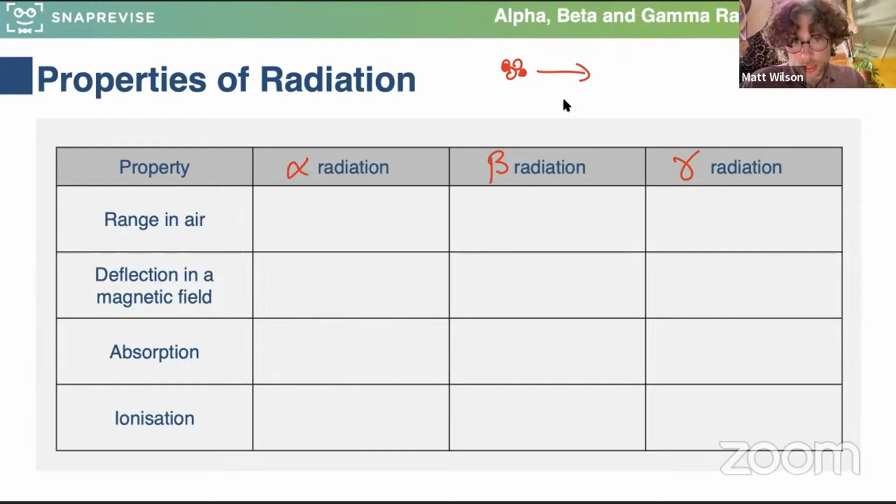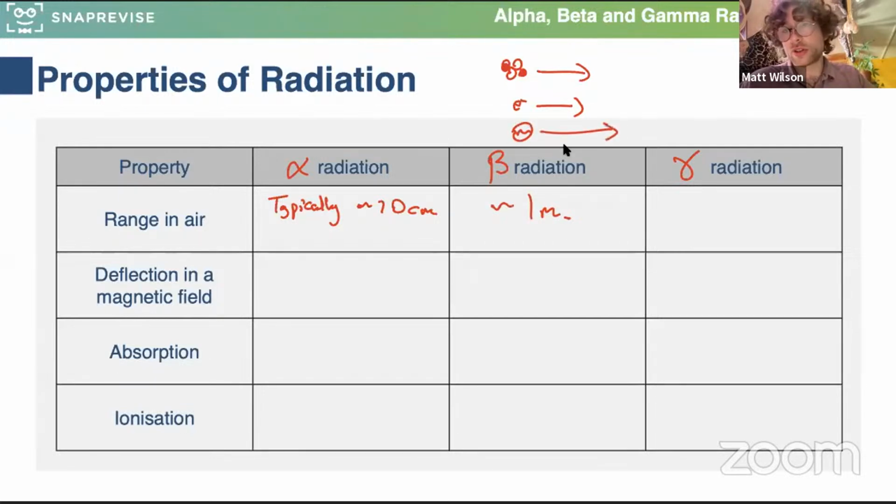So typically, it's going to go around 10 centimeters. Beta radiation is smaller. It's a little electron. This is going to typically go around 1 meter through the air before being stopped on average. And gamma radiation is this tiny photon.